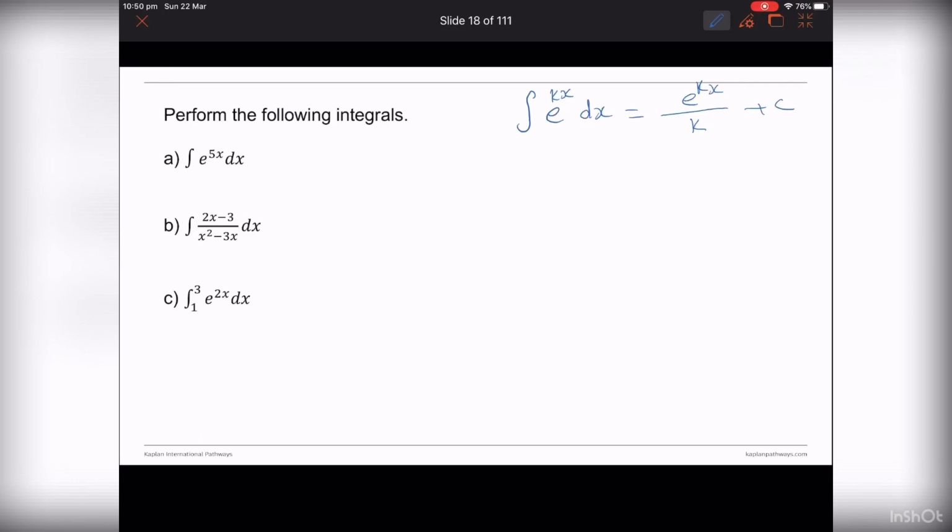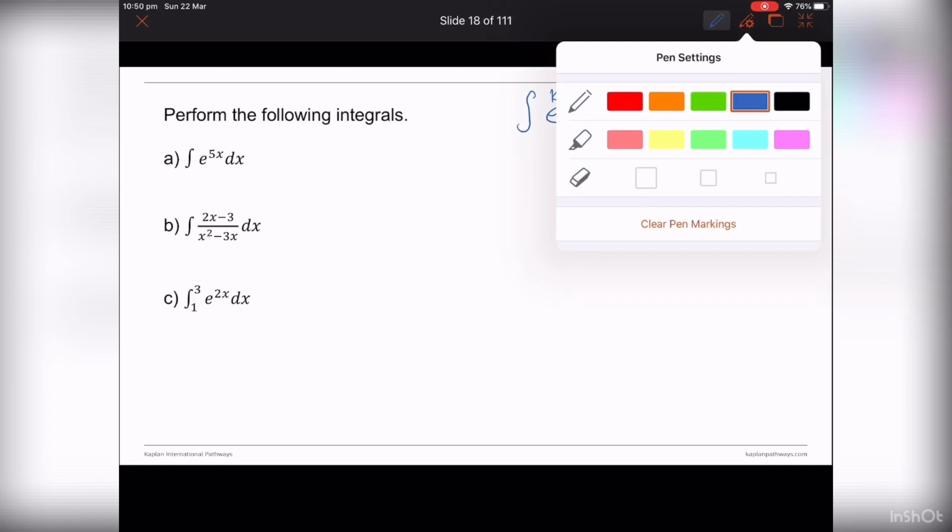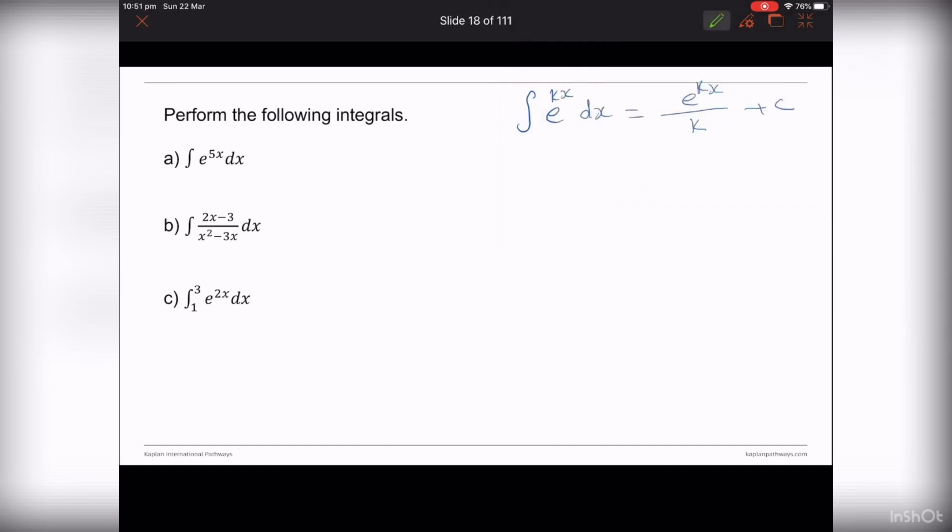So according to this, I'm going to work out the question here. This question is going to be e to the power 5x divided by the derivative of 5x, which is 5, plus c.